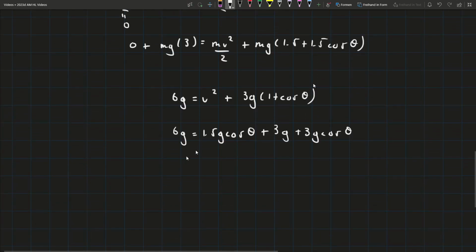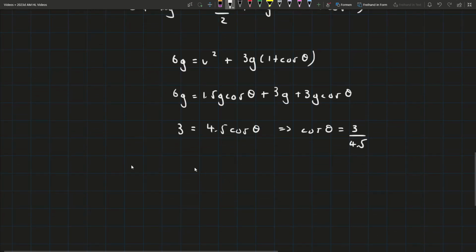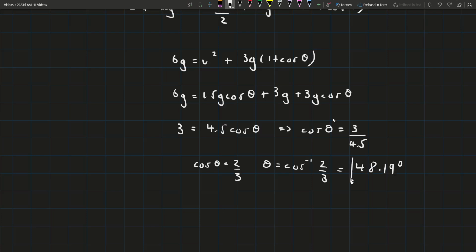We can divide across by g, bring this 3g to the other side, we'll get 3 equals 4.5 cos theta, which means that cos theta is equal to 3 over 4.5. I'm sure you can simplify that. So that's equal to 2/3, and so cos theta is 2/3. So theta is the cos inverse of 2/3, which is about 48.19 degrees, and that's the answer for theta.